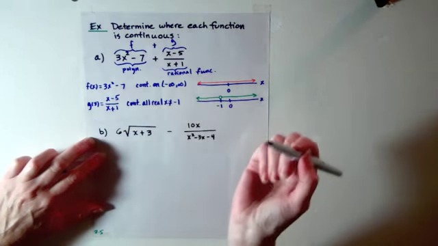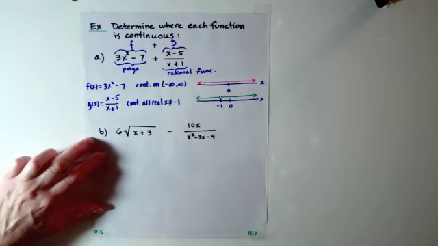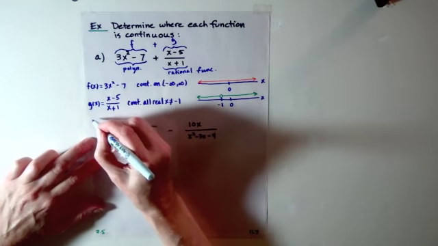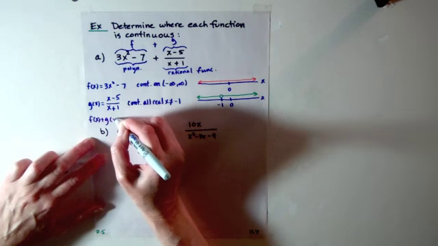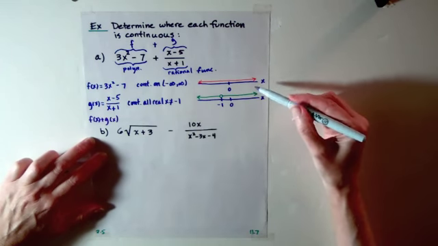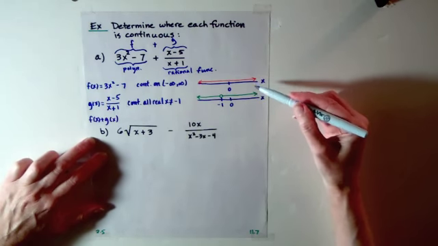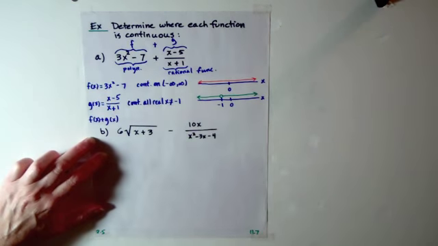Well, according to our previous theorem, if f of x is continuous at an x value and g of x is continuous at an x value, so is the sum function, f plus g. So if I'm looking to find out where f of x plus g of x is continuous, it will be continuous on the intersection or overlap of the places where f and g individually are continuous.